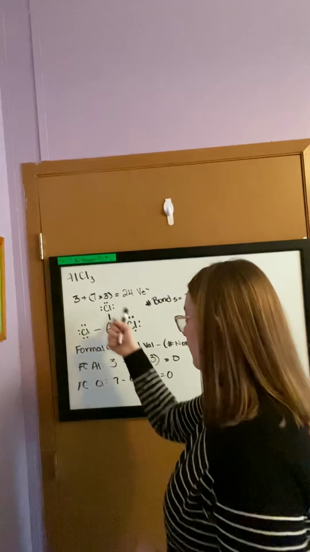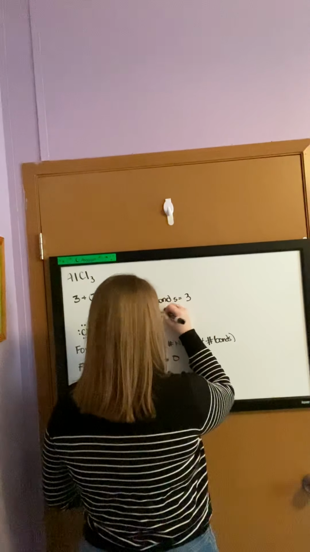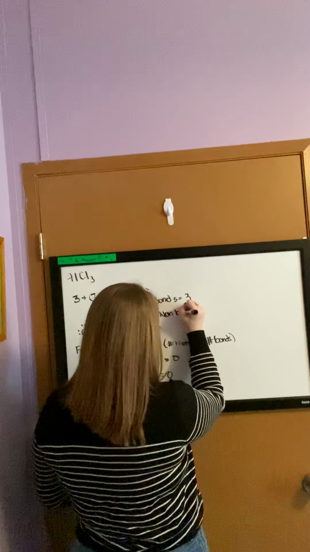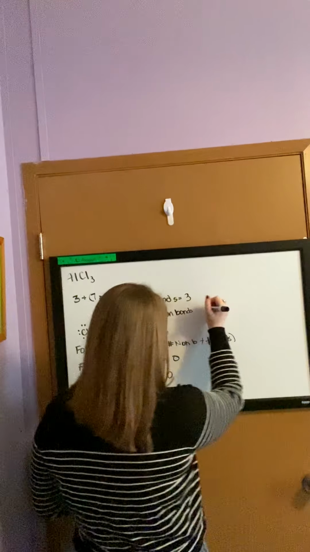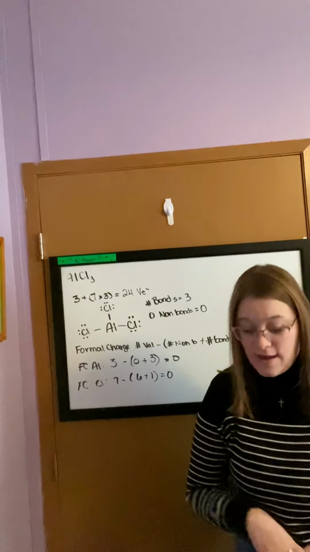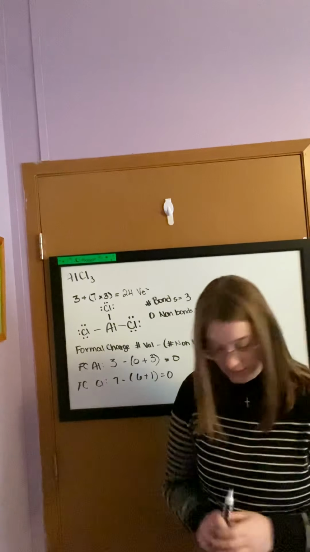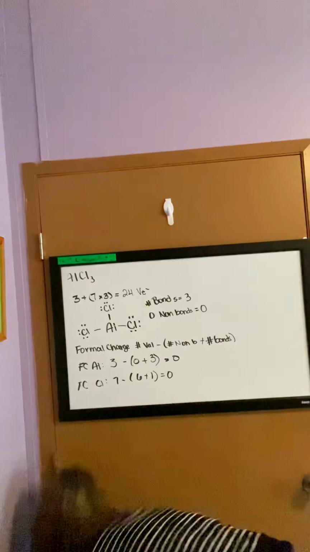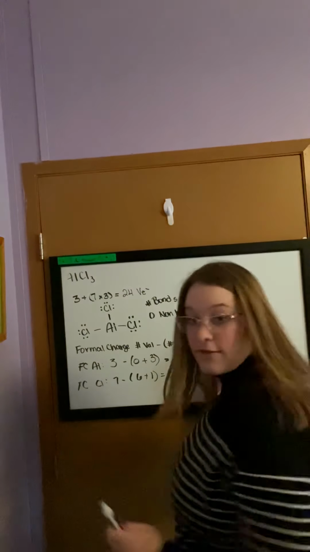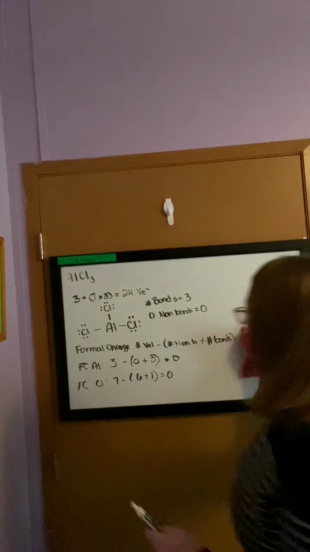There are 3 bonds and there are 0 non-bonds on the central atom. This will help me later on when I am doing my electron domain geometry. So moving on, I'm just going to grab my eraser and get rid of the formal charge. So here it is. The formal charge is 0 and 0.